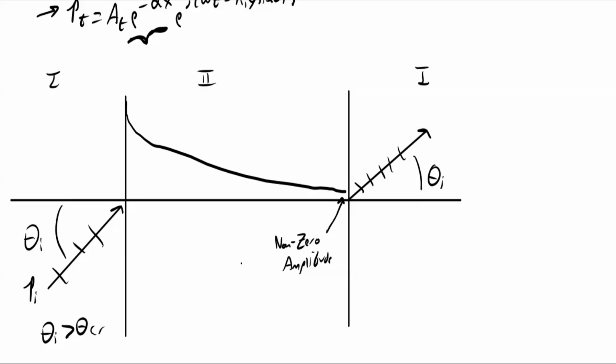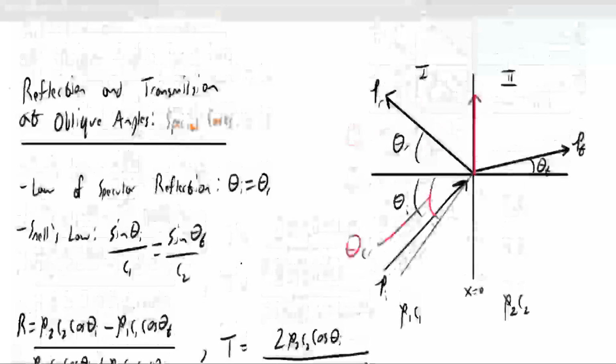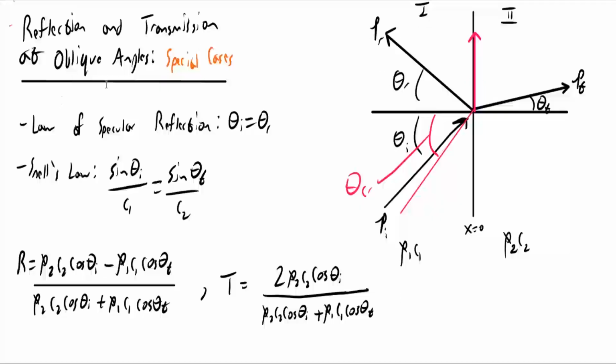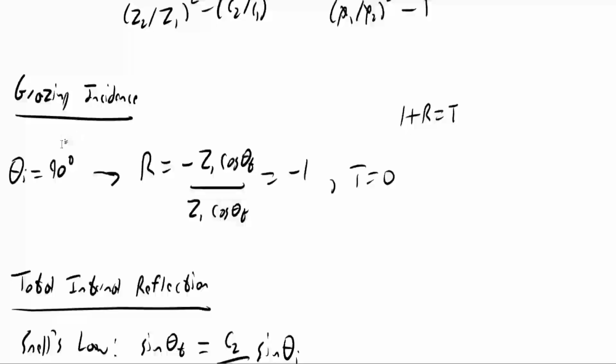So as I bring this video to a close, we looked at three special cases for reflection and transmission at oblique angles. The first was perfect transmission, where we said that R was equal to 0. The second was grazing incidence, where theta incident was equal to 90 degrees.